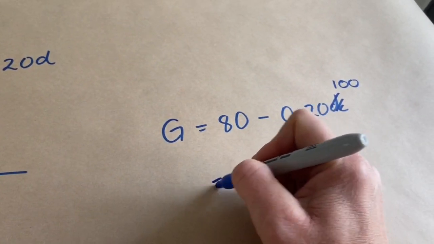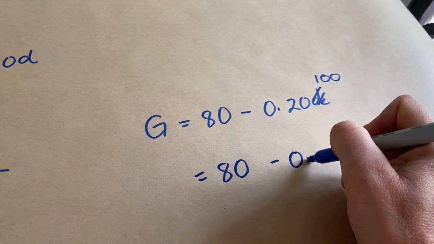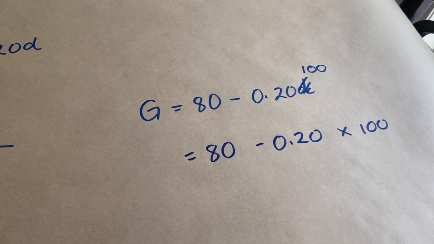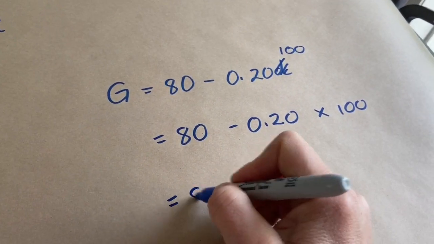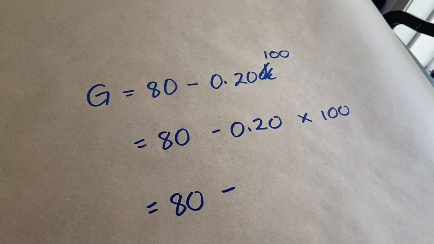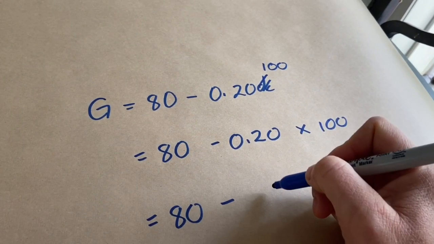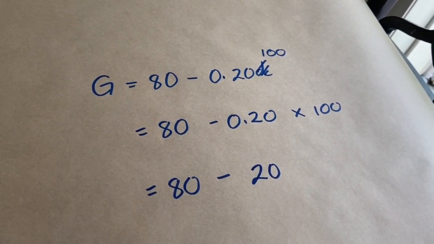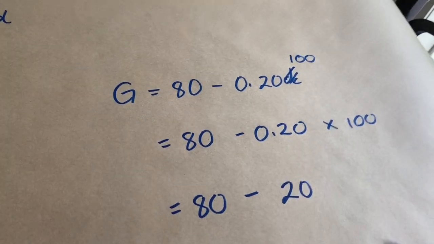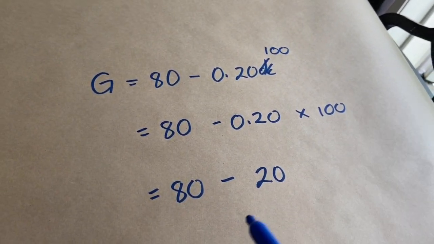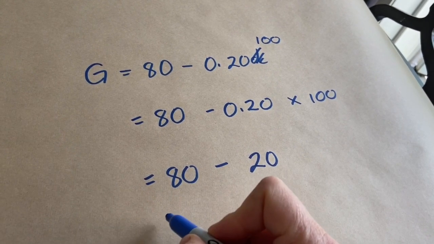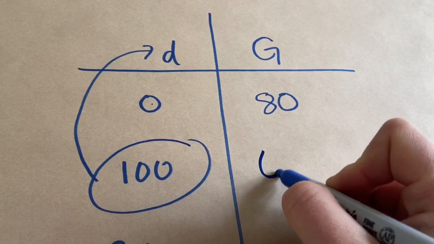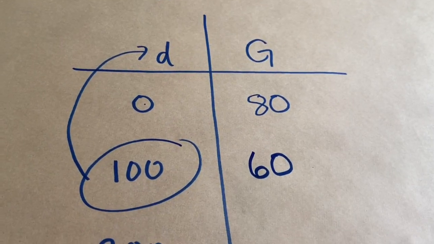That means 80 minus 0.20 times 100. Sorry, I'm doing math in my head. 80 minus 0.20 times 100 gives you 80 minus 20, which gives you 60. So that means after 100 kilometers, we have 60 liters of gas.